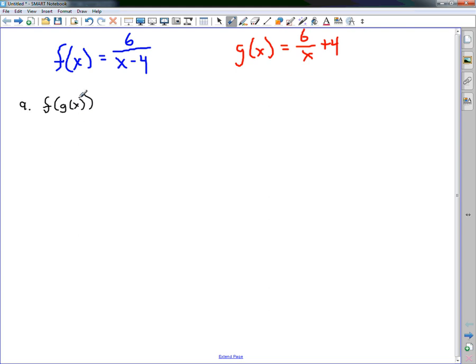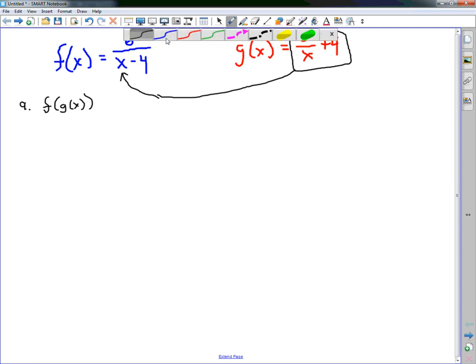Again, what that means is I'm going to take g of x and plug it into f. So let me show you what that looks like. We have 6 over, and instead of x, I'm plugging in the g of x function.